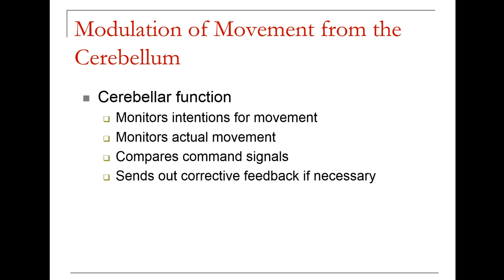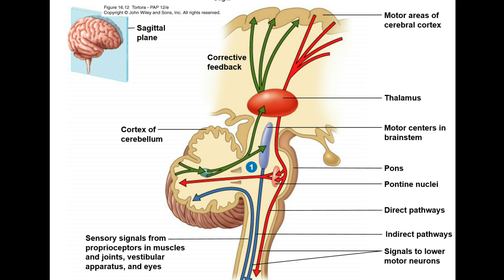So let's look at the processing through the cerebellum. All right, so we begin with number 1 here, and that's going to be the command that's coming down from the upper motor neuron.